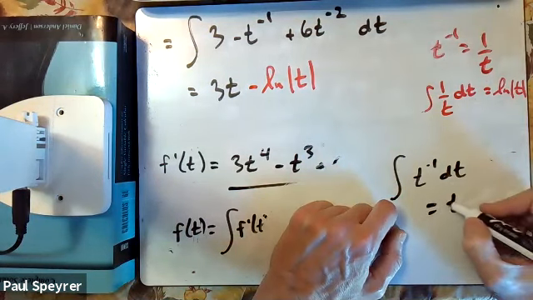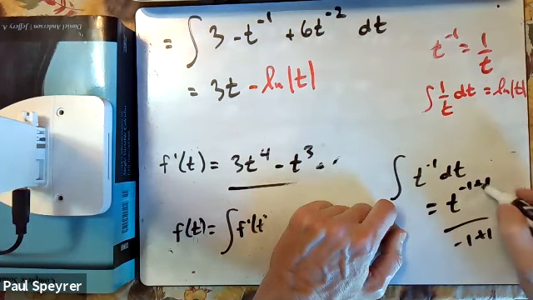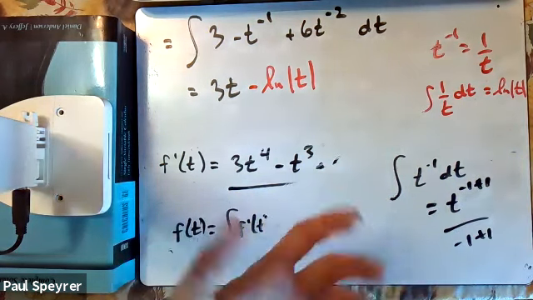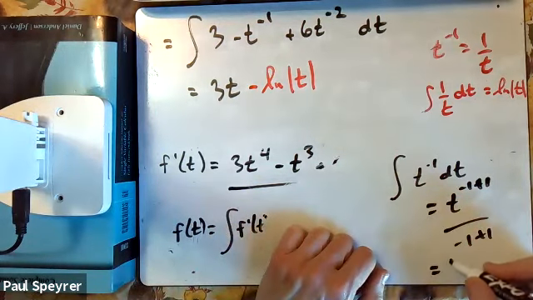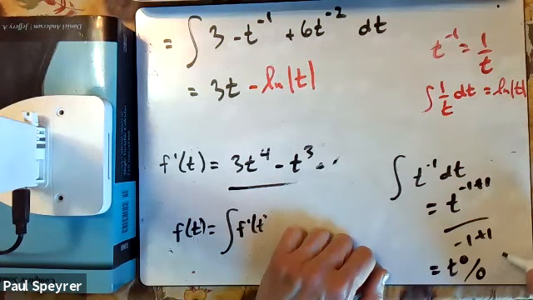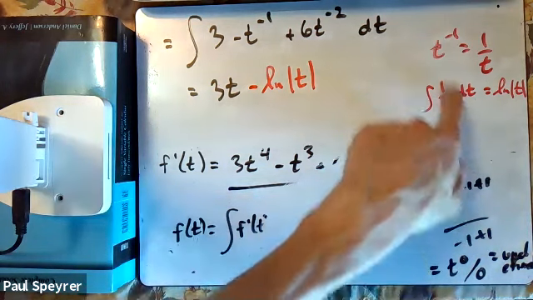You'd say t to the negative 1 plus 1 over negative 1 plus 1, if we were treating it like a regular old algebraic expression. But what happens right here? You get t to the 0 over 0. But what's anything divided by 0? That is undefined. That's why we can't do the power rule on it. This is just a special case right here.